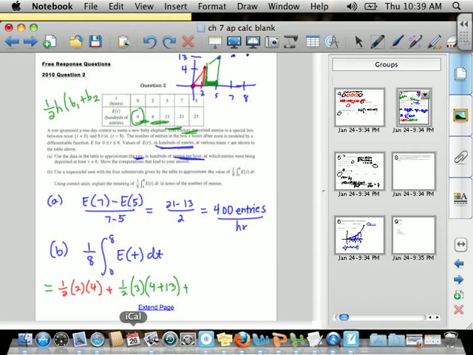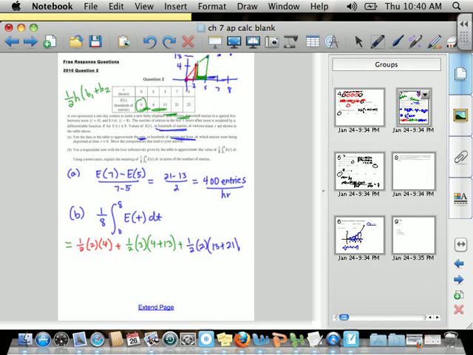Okay, so the next one's going to be 1/2. Now the distance between them is only 2, the distance between 5 and 7, and those heights were 13 and 21. And then the last one is 1/2.